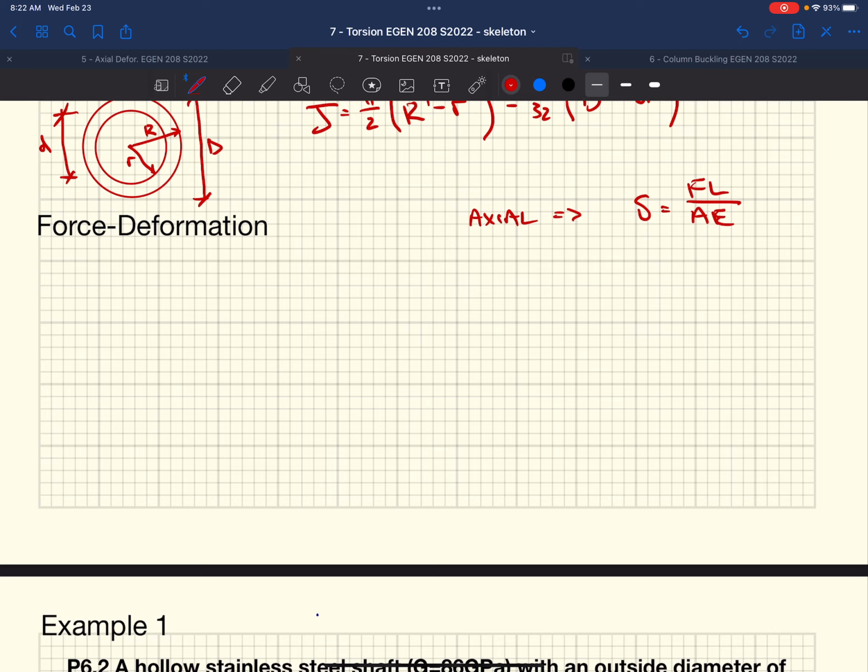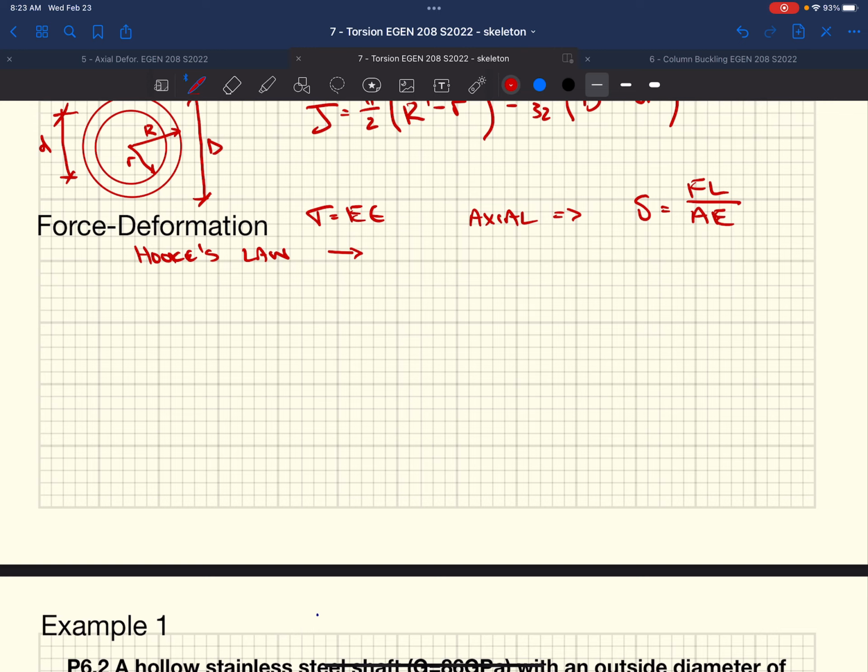Well, in this case, we're going to do the exact same thing. Up here we had sigma equals E epsilon, the modulus of elasticity times the strain.